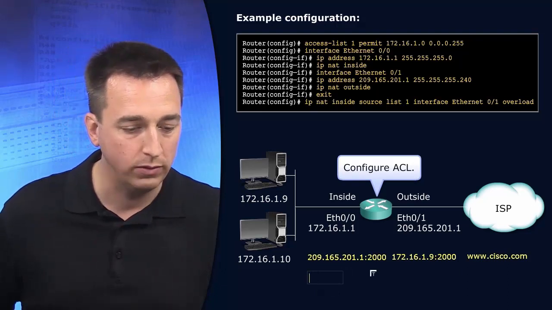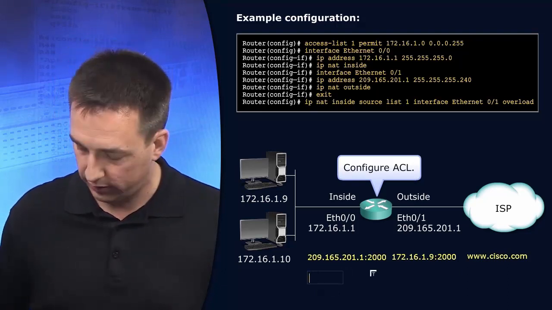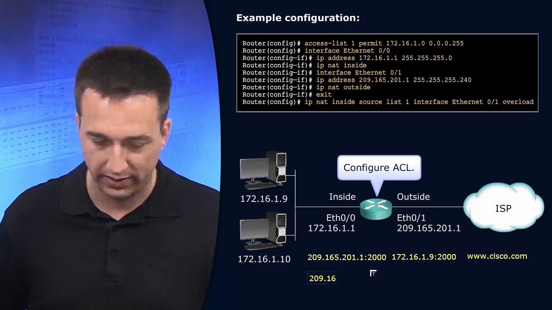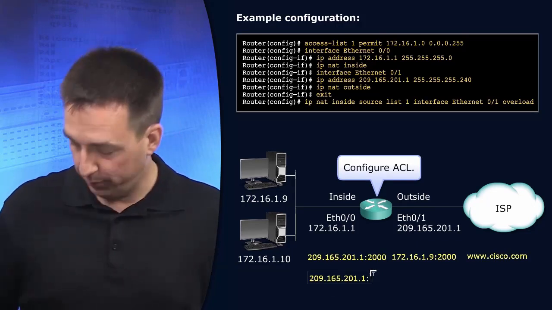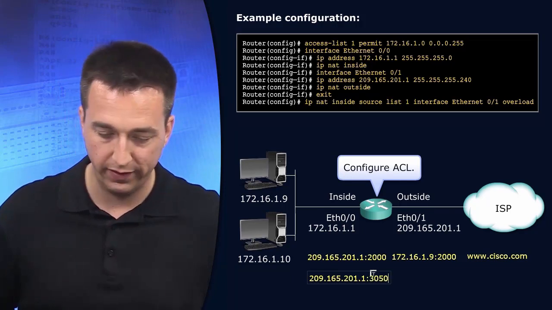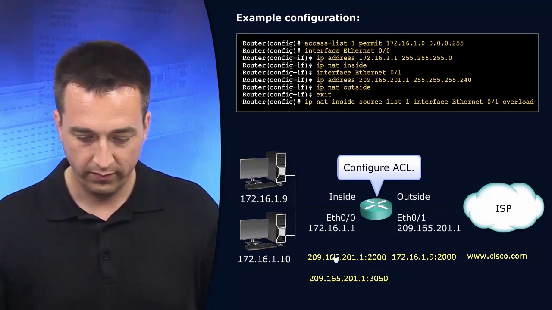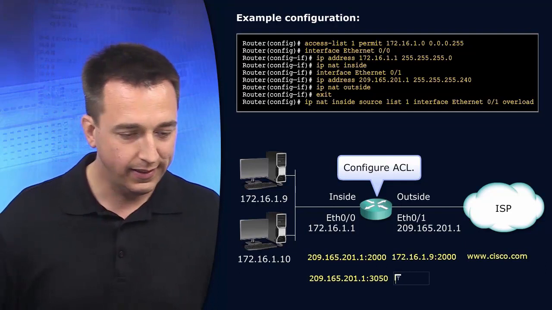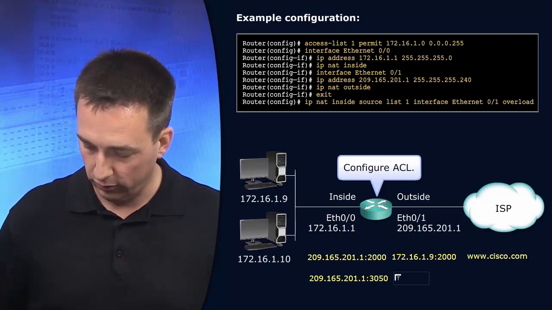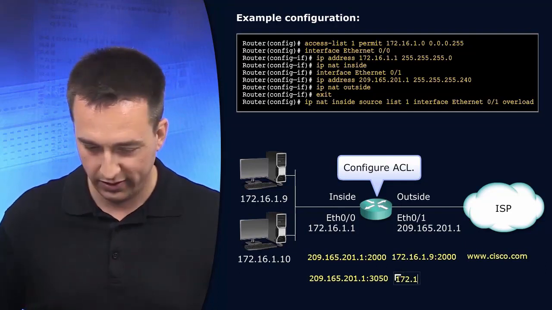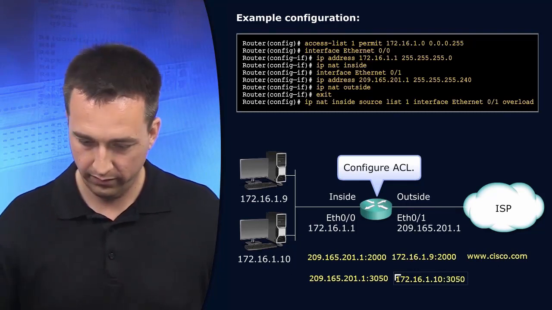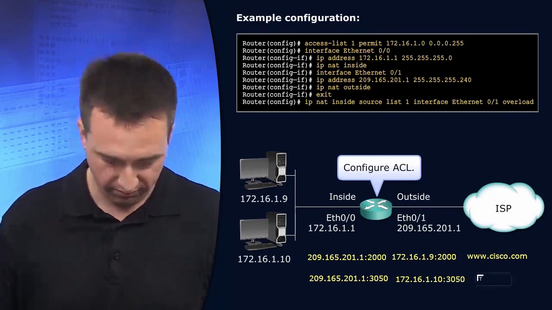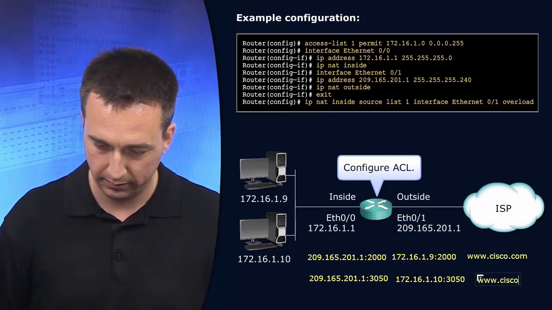Their inside global address, so the address they're being translated to, is going to be the same. Let's say they're using port number 3050. So that's the inside global. Inside local is 172.16.1.10. And they're going to www.cisco.com as well.